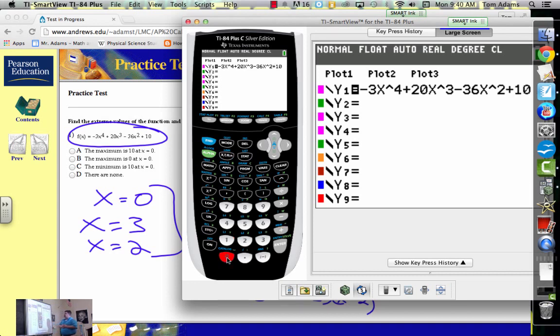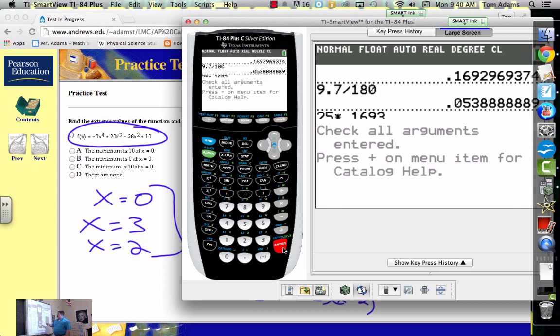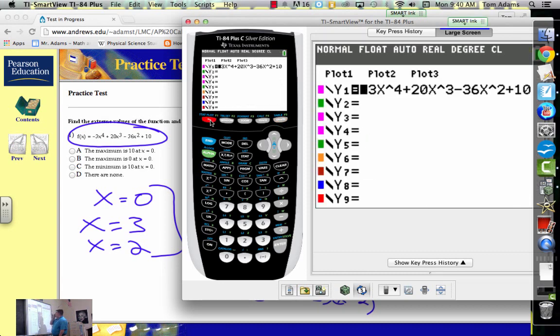Let me move this over so I can see the equation. Let me pause to make sure I'm not hurrying too much. I think that's right. So now let's graph it. Oh, what did I do wrong? What did I forget? Oh, that's a minus sign. It needs to be a negative sign. All right, now we'll try it.